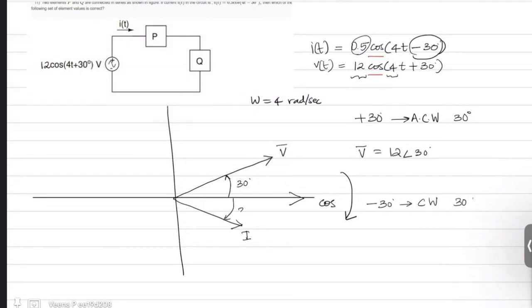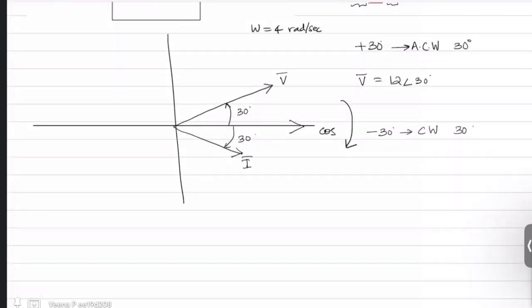So you see between your voltage and current, the angle is 60 degree. This much information is not required in this problem, just showing you how to express these vectors in the phasor domain, how to represent them.